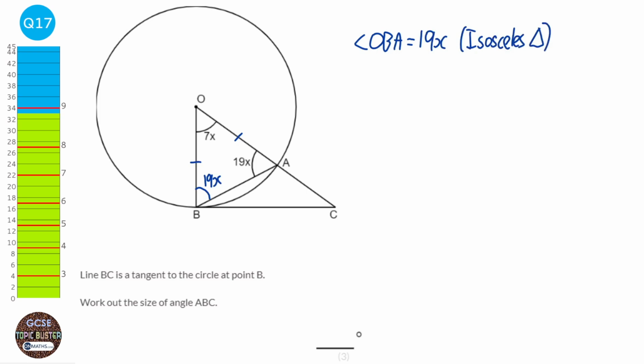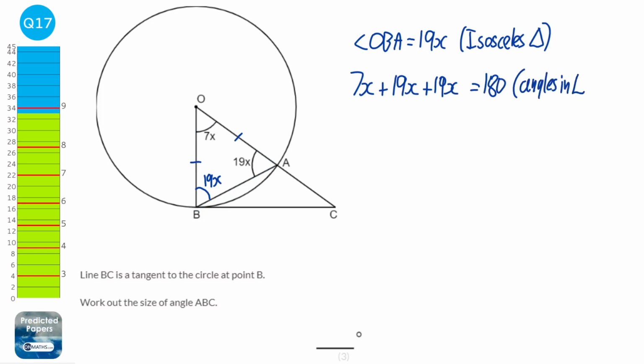Well, we also can work out x because, as I said before, we have a triangle here, and all angles in a triangle add up to 180. So we've got 7x plus 19x plus 19x equals 180 degrees, and this is angles in a triangle. Try and write out these reasons in full.